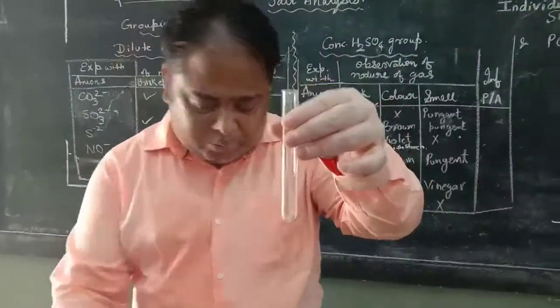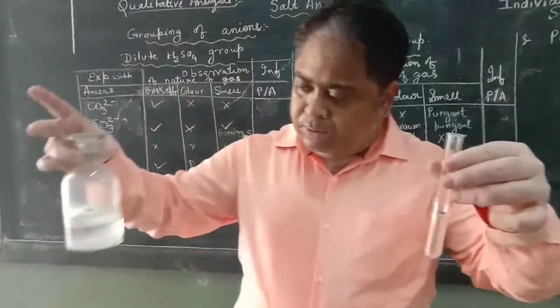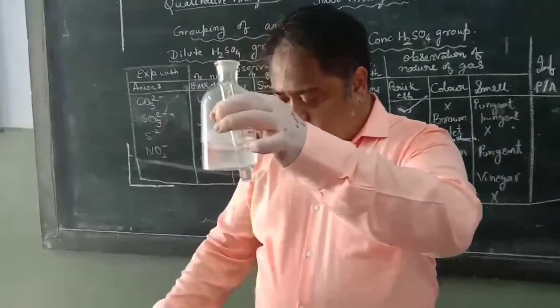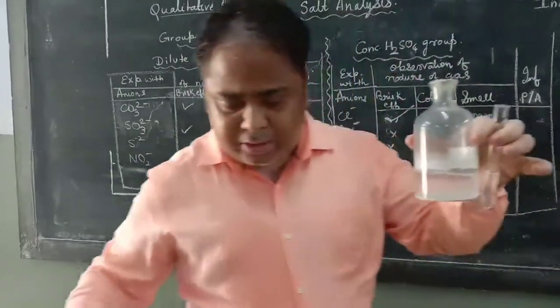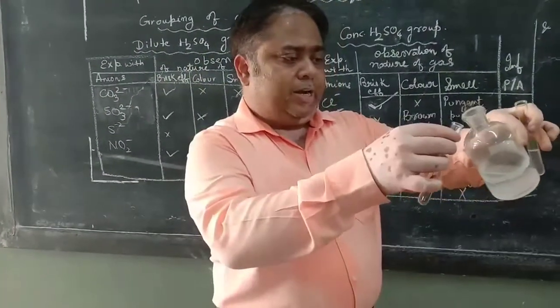Now if I add barium chloride to this, alright. This barium chloride has got carbonate in it, as a result of which it is looking a little muddled. So I will take the supernatant solution of this.